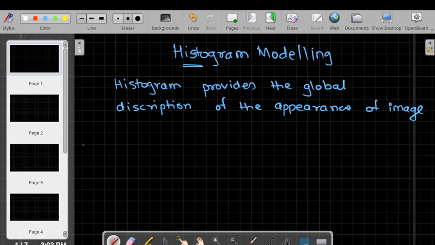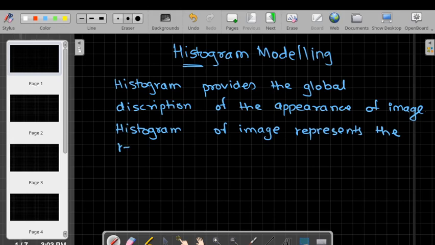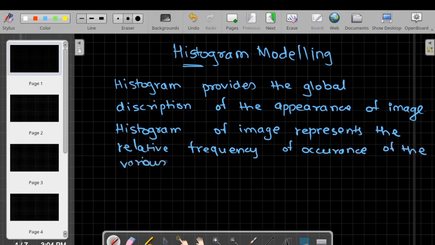By definition, the histogram of an image represents the relative frequency of occurrence of the various gray levels of an image.